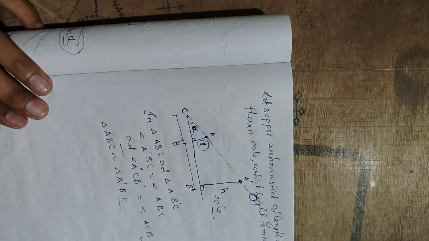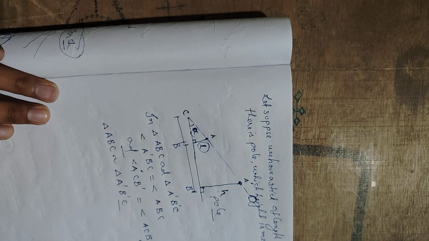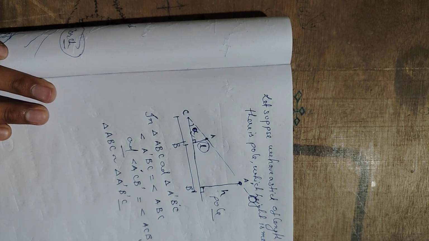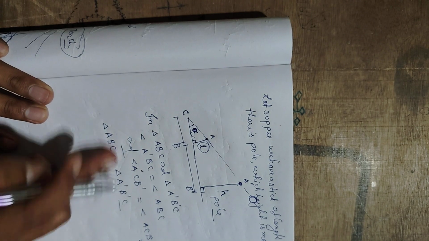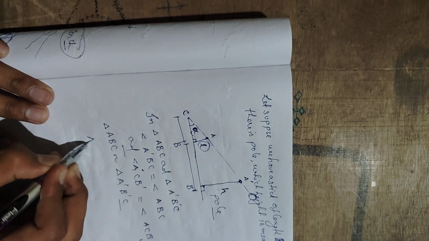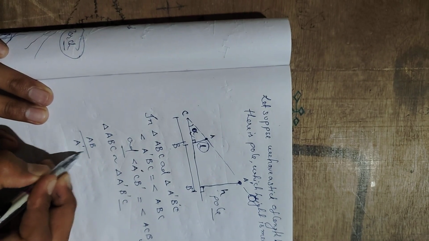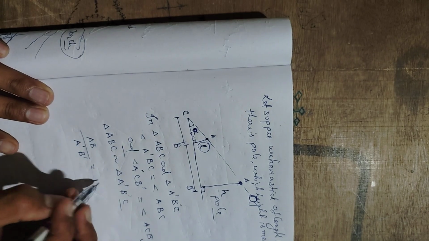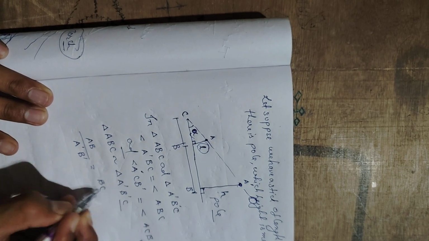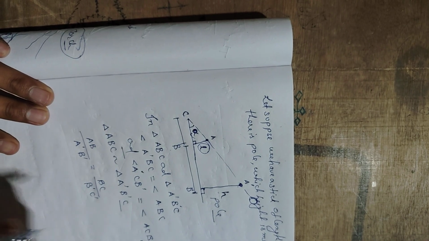So if two triangles are similar, then they have ratios. It means both triangles are expanded by some constant ratio. So we can conclude that AB by A dash B dash is equal to BC by B dash C dash.